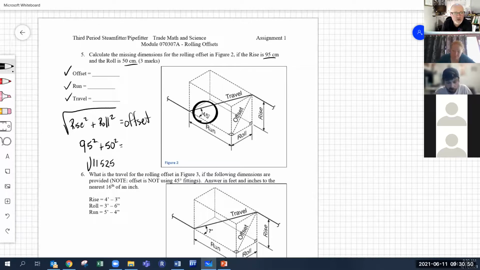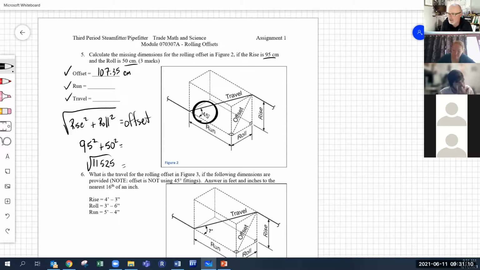And then we square root that: 107.35. So that's 107.35 centimeters.